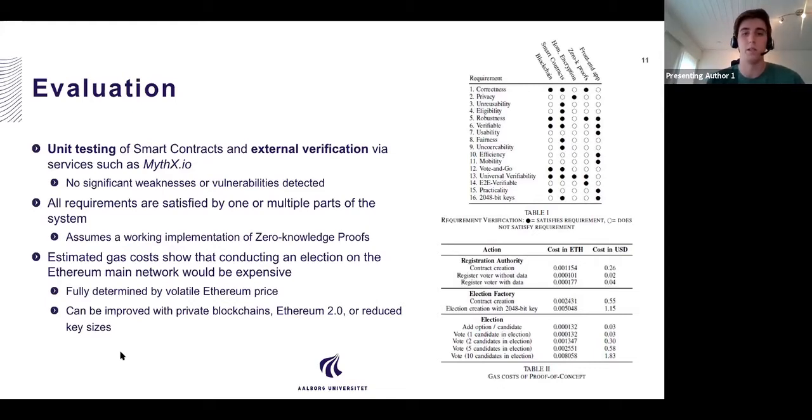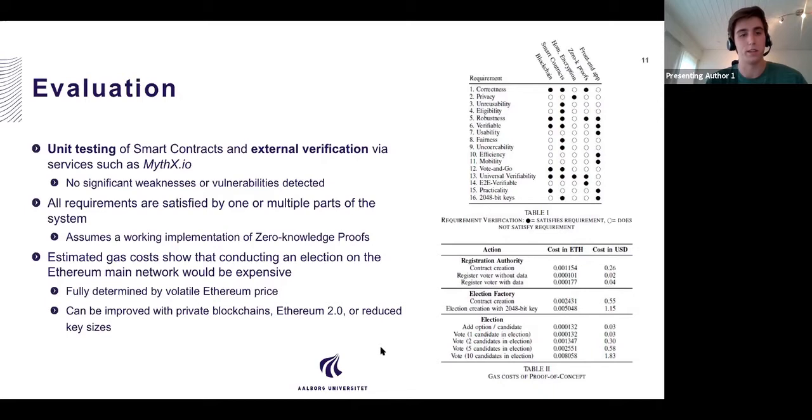And we found that all the requirements that we stated earlier were satisfied by one or multiple parts of the system. You can see a table on the right here of all the requirements that we have, and then the certain parts of the system that come together and fulfill these. But it assumes that the zero knowledge proofs are actually implemented.